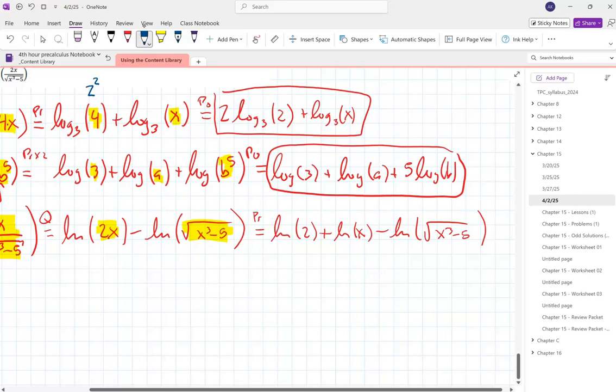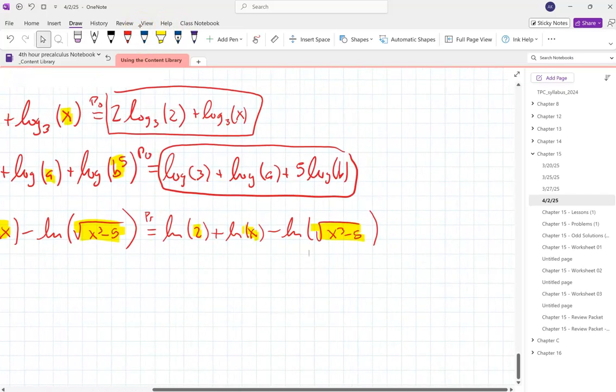Now we'll look in each one of the logarithms. And now we're looking for power properties. Do we see any power properties? How many? 1. What is the power property? It's not the x to the third. It's the square root.